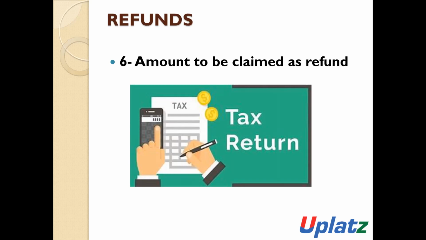Just like when there is zero rated supply, when there is the supply of goods, supply of services, or both to an SEZ developer or SEZ units, and when there is a refund of unutilized ITC, and so on. These are the cases where the provision of unjust enrichment is not applicable.